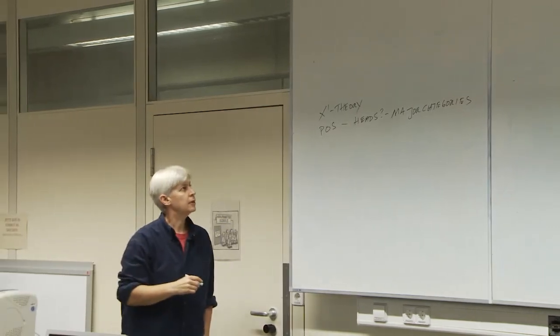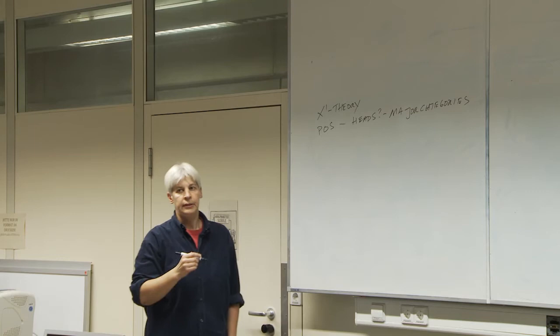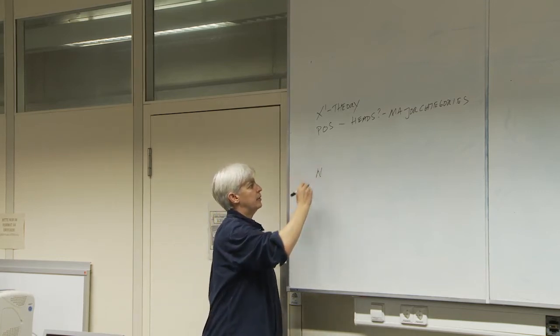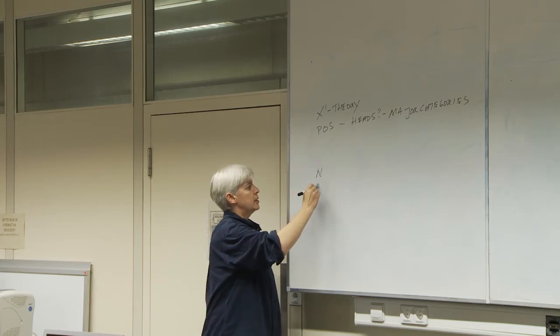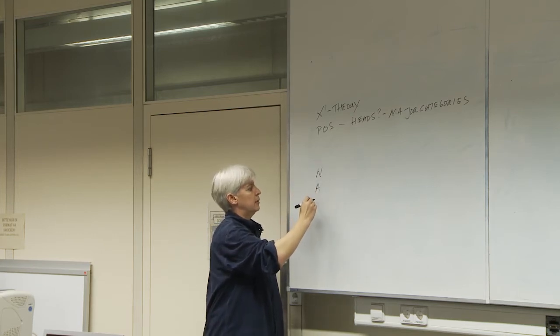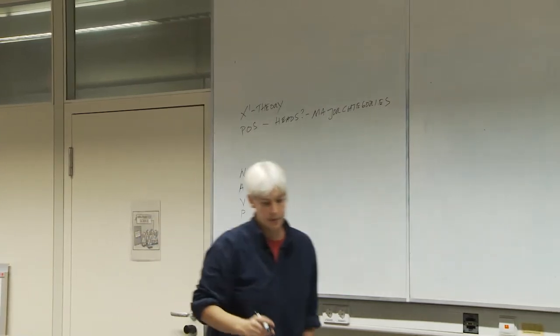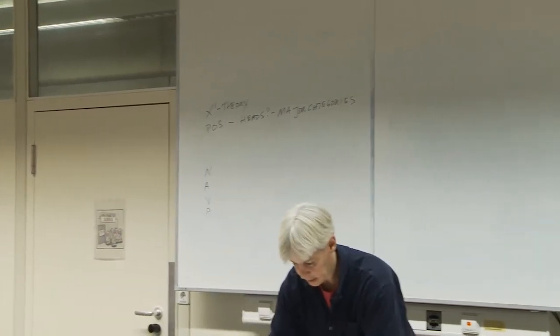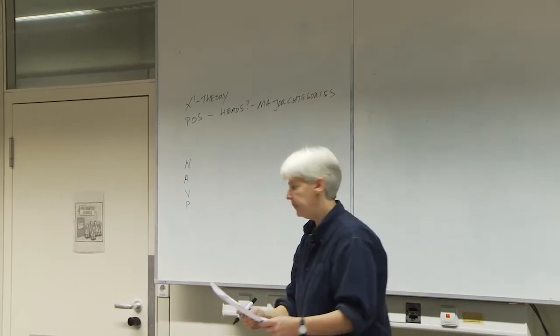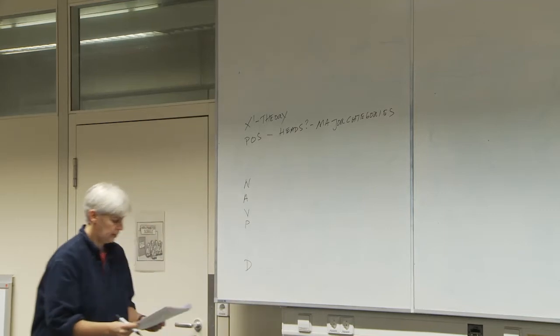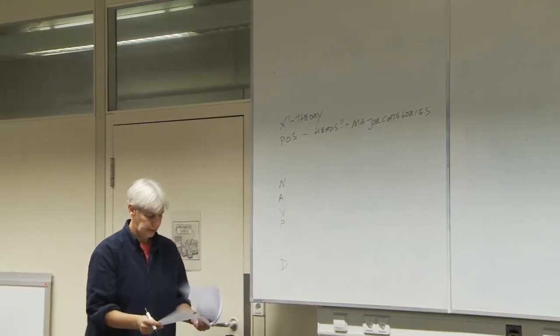So what kinds of categories do we have? Should be easy, right? We have things like noun, adjective, verb, preposition. What else do we have? Determiner. Okay. Yes, we have one. The question is, does it also have to project?